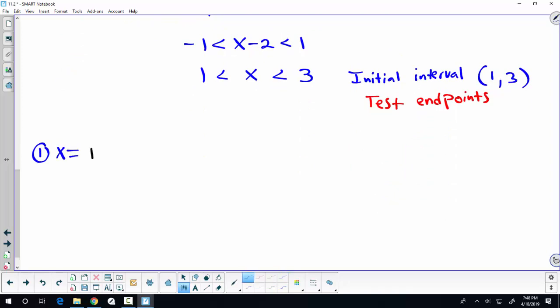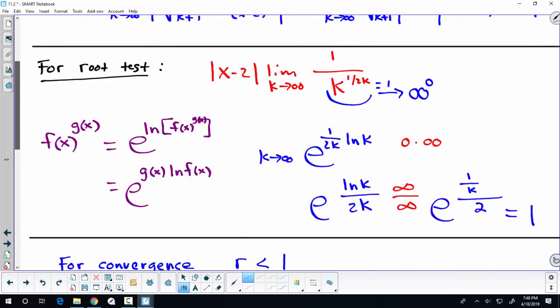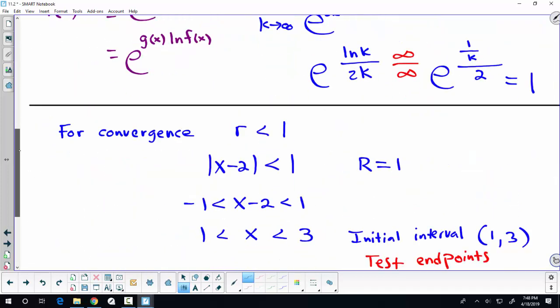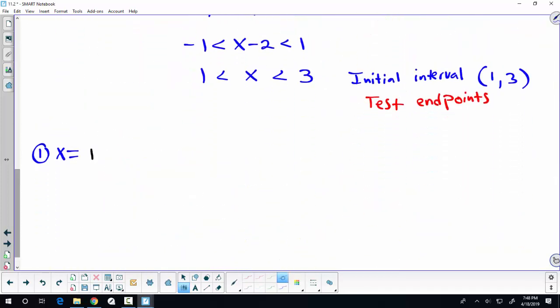So testing, what's the series? Yeah. So when x is 1, we have 1 minus 2 to the k over root k. So we want to know, does that series converge or does it diverge?